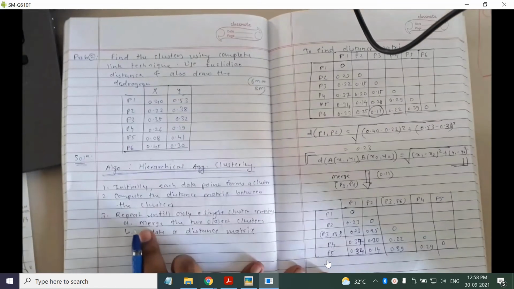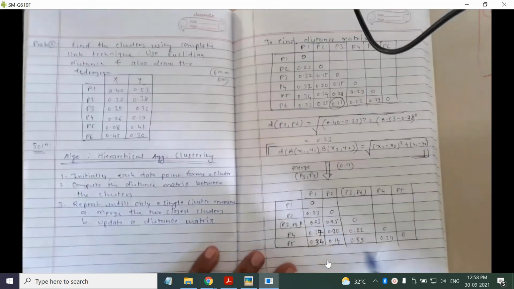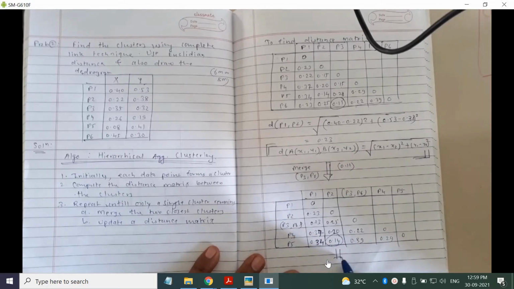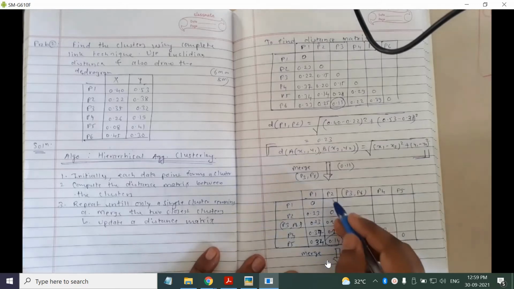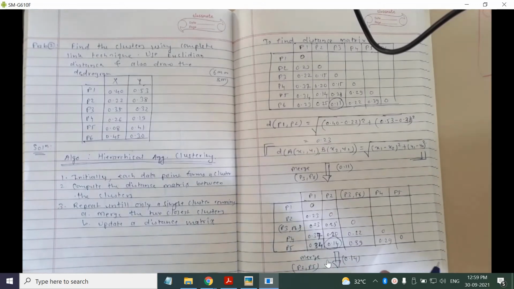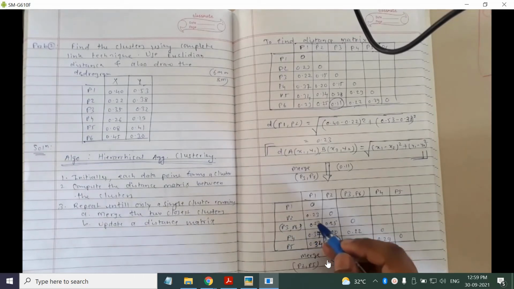Then again merge the two closest clusters. The closest cluster is this one, so you merge P2 P5 at this distance. Let me cross check the table.